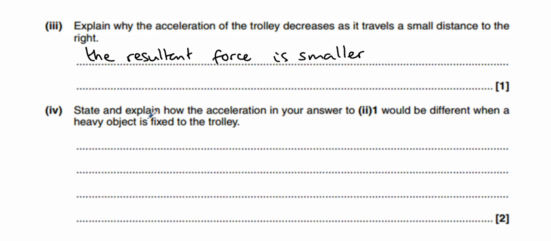I hope you can appreciate that a bigger mass with the same net force, because it doesn't tell us the net force is changing, is going to give us a smaller acceleration. So the acceleration will decrease.